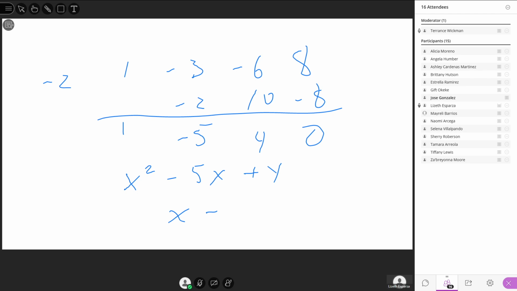No. This should also be a factor. x squared minus 5x. This is doing something wrong. -4 times -1? No, because that would give you a +5. Perfect. That's perfect. That's what it is.